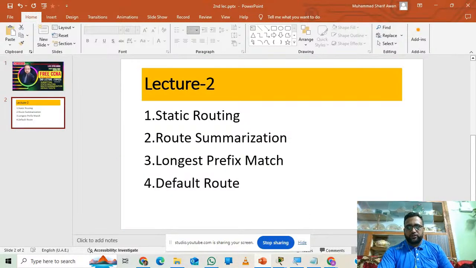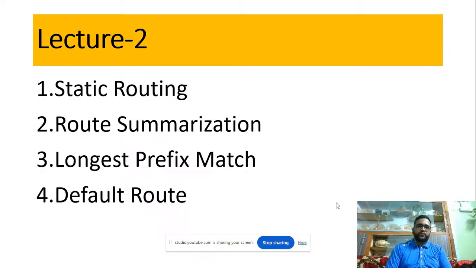Here we have to discuss four main topics related to static routing. One of them is how we enable static routing in our configurations on our router, and we also learn how to apply route summarization when we have multiple contiguous networks, and how we use longest prefix match while we are applying load balancing.